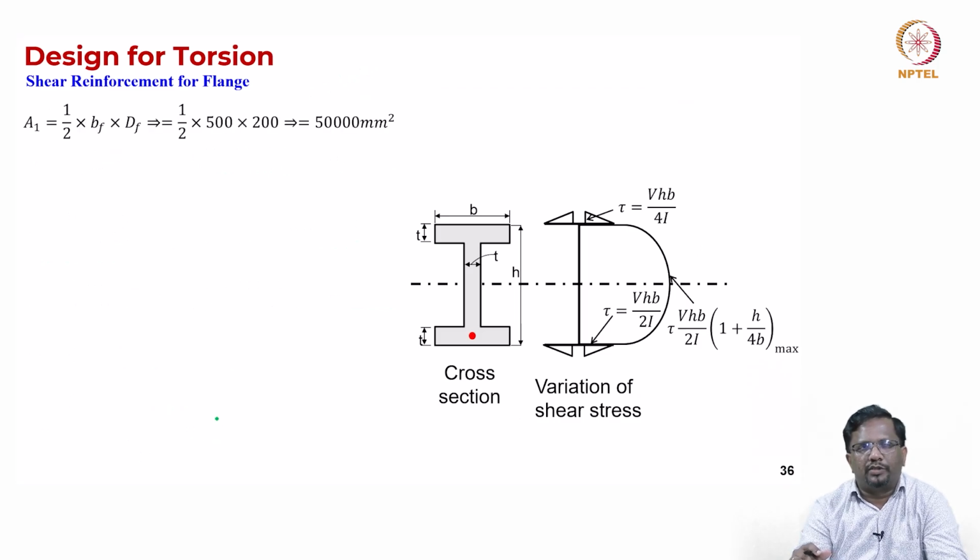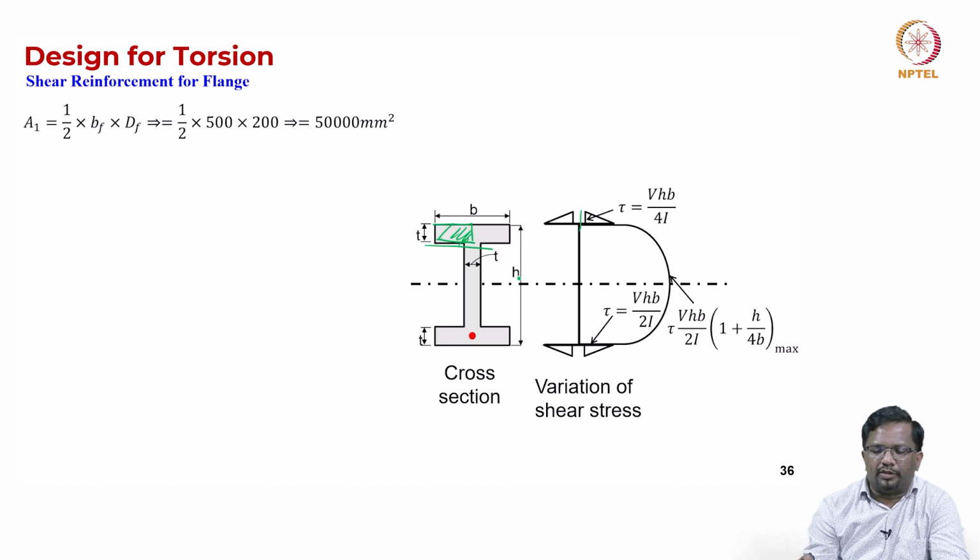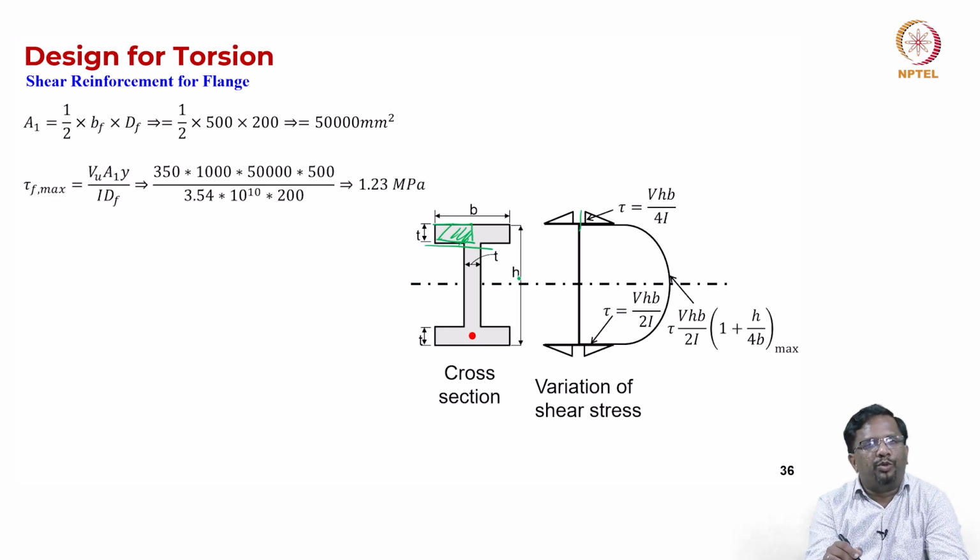Now for the flange, horizontal shear stress that we have to calculate, again we discussed this in the last lecture as well. You take the area and maximum shear is going to be here. So you take this area and you take about this axis, so basically VQ by IB.